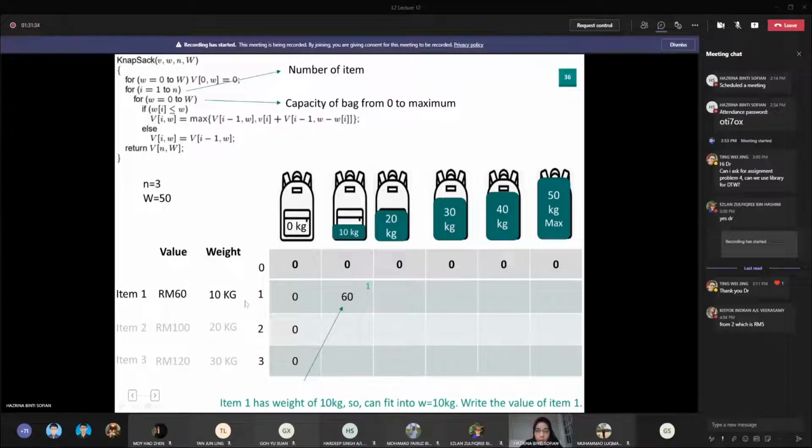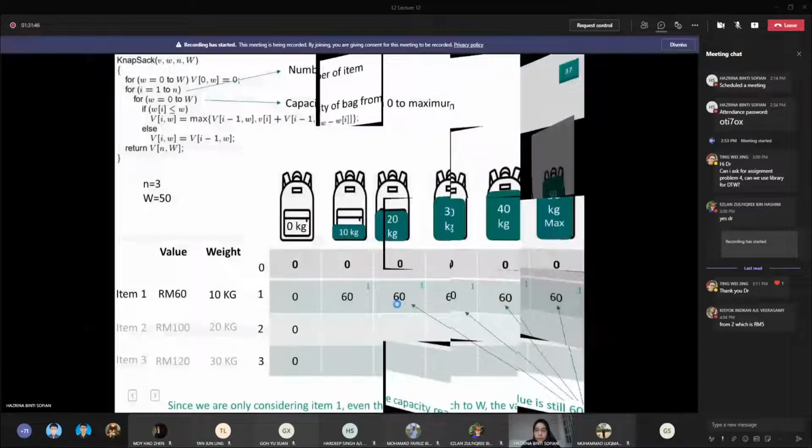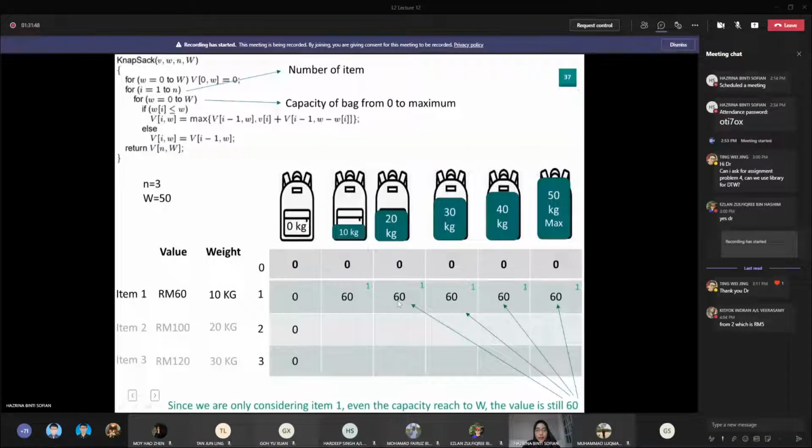All right, so when it is 20 kgs, the value will still be 60 ringgit, 60 ringgit, 60 ringgit until 50 kg, because for 0/1 knapsack, the thief can only steal each item, he can only steal 1 unit.